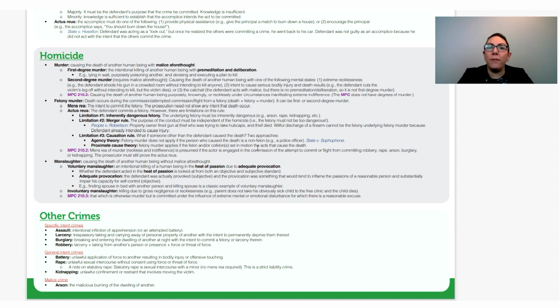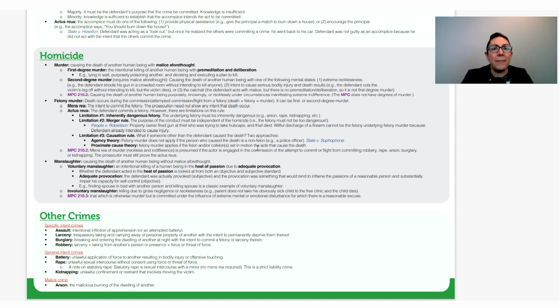So to give you an overview of homicide and the different degrees and types of homicide, we're going to walk through this chart here. Homicide can be broken really into two parts, murder and manslaughter. Murder includes first degree, second degree, and felony murder. And then manslaughter includes voluntary and involuntary manslaughter.